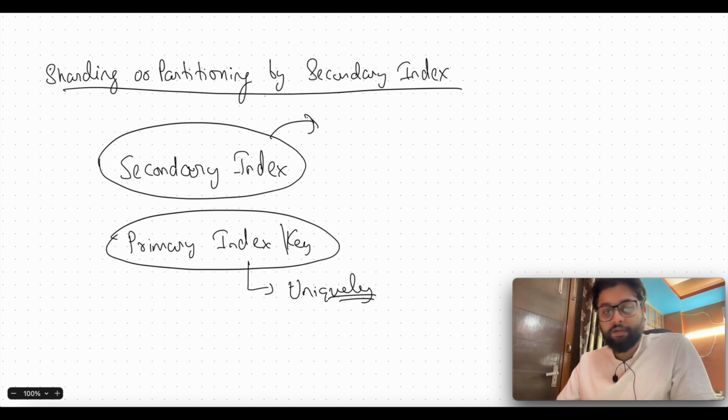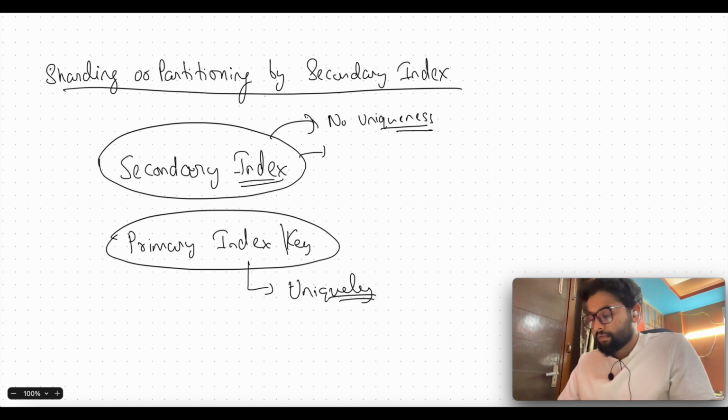Secondary indexes do not guarantee uniqueness, but they can be very helpful if you want to search for a data item with different types of fields or values. In those cases you can make them secondary indexes and perform queries on top of them, and that can be really fast because we are applying indexes there. So this is the concept here.